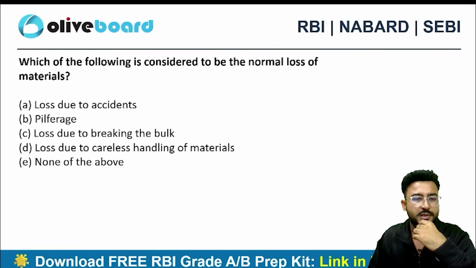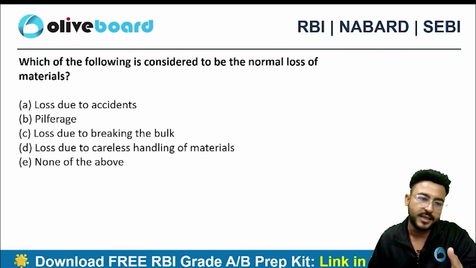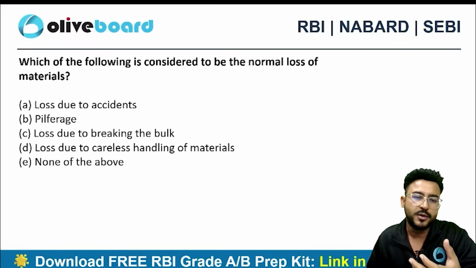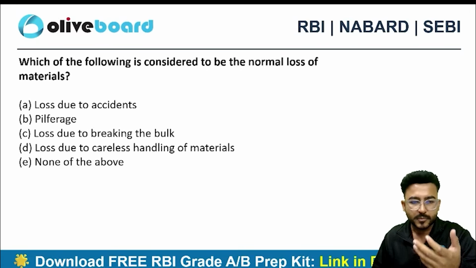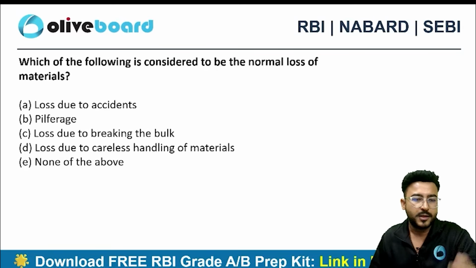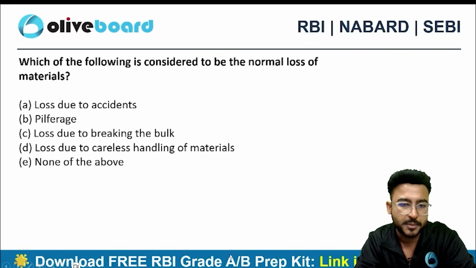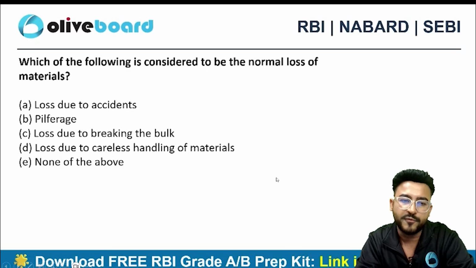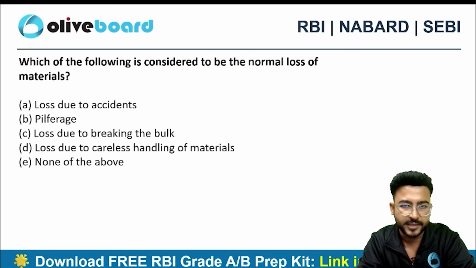Next one, which of the following is considered to be normal loss of material? Loss due to accidents, pilferage, loss due to breaking the bulk, loss due to carelessness, or handling of material. None of the above. What do you think?